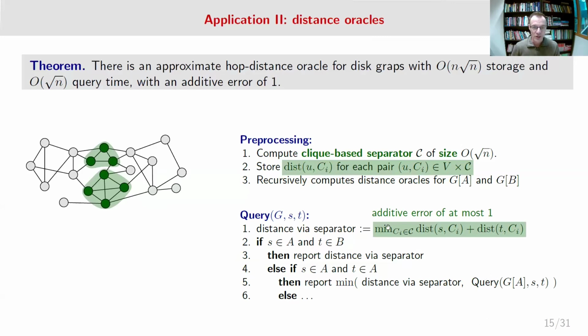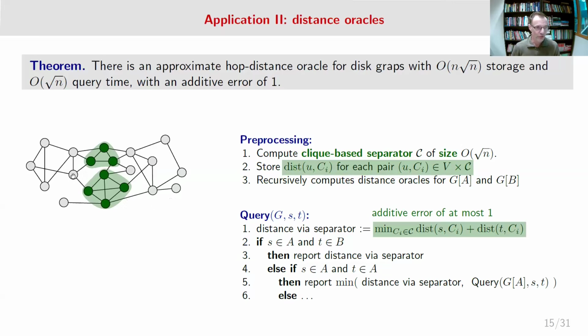And this distance via the separator, I possibly make a small error, of course, because if I go, let's say, from here to here via this separator, I go to the separator, and then from the separator I continue on the other side.